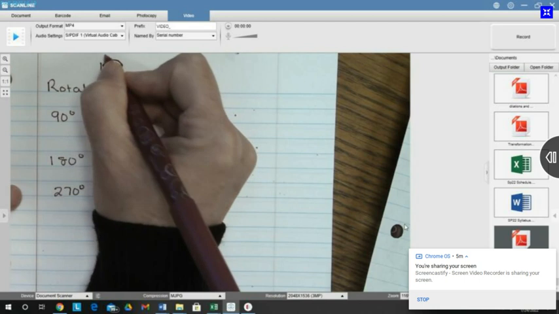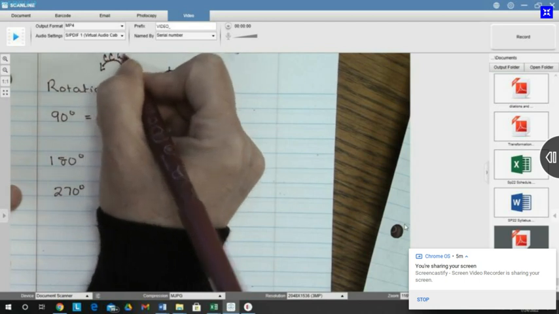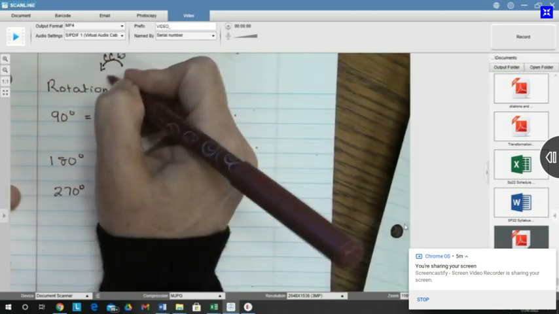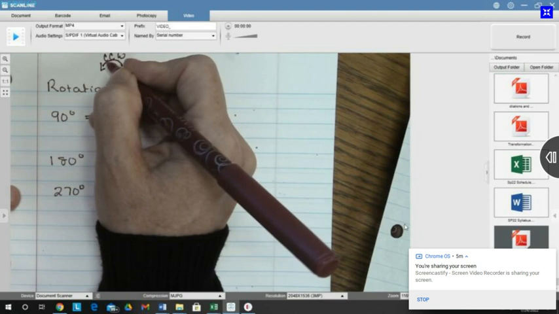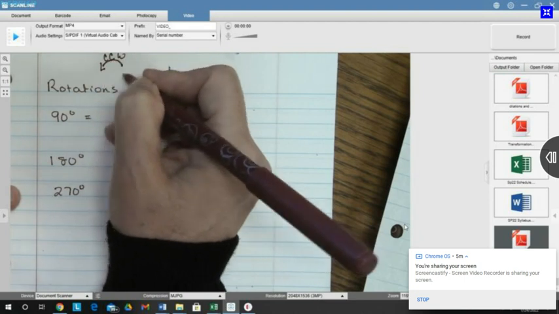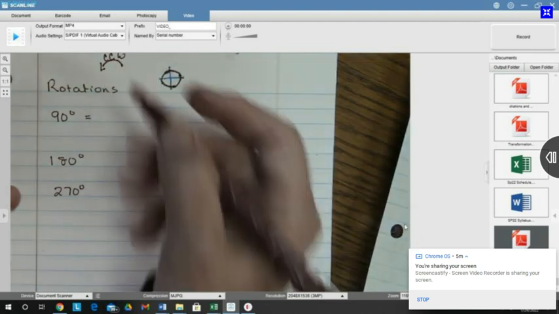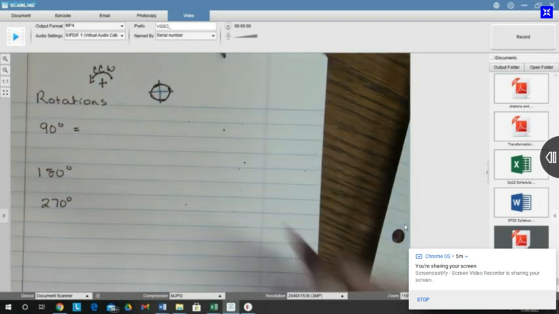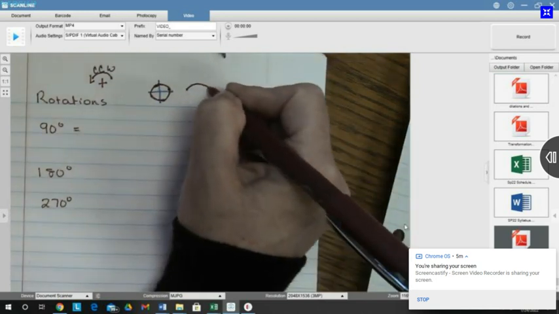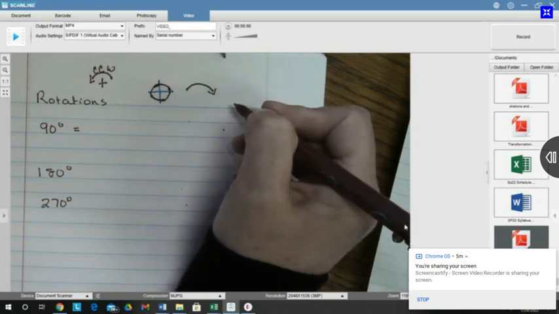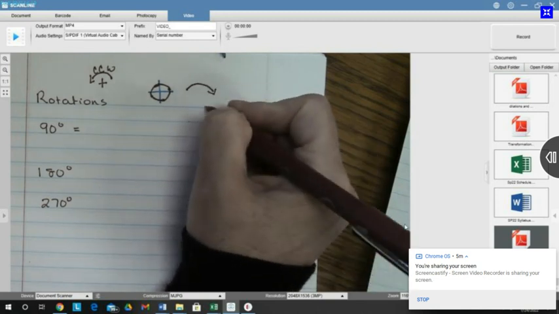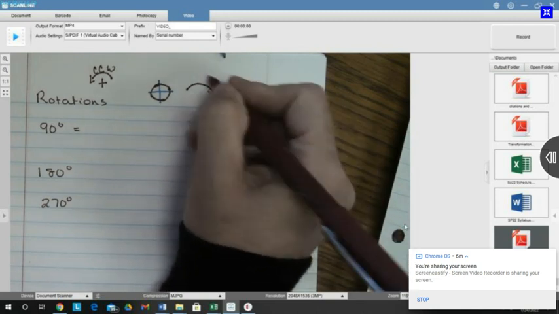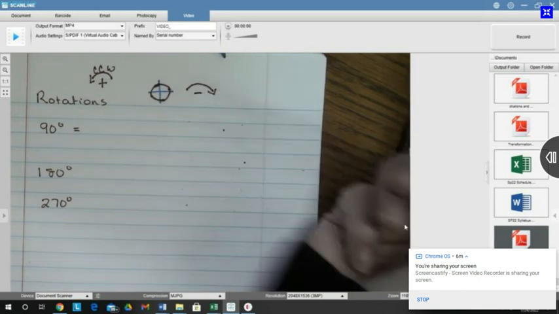Counterclockwise, CCW, going against the clock, going from 12 noon to 9 to 6 to 3 back up to 12. Counterclockwise, that's a positive. But if I'm going clockwise, noon to 3 to 6 to 9, that's a negative, right?